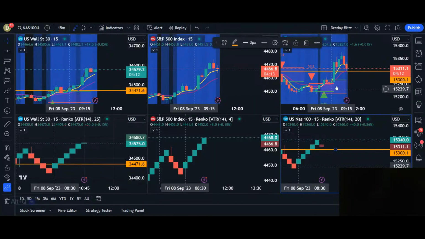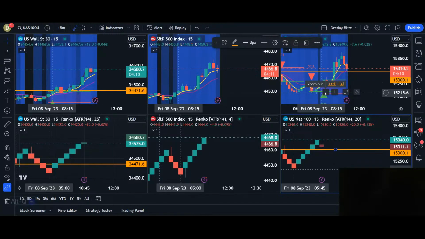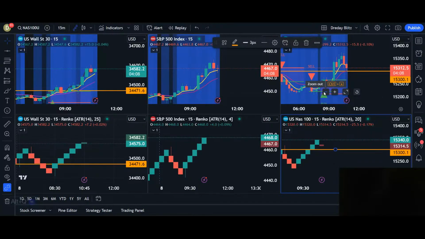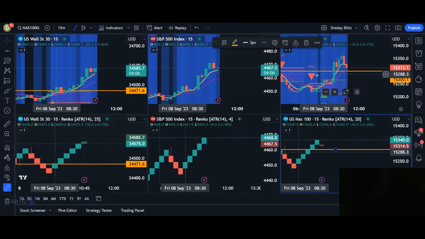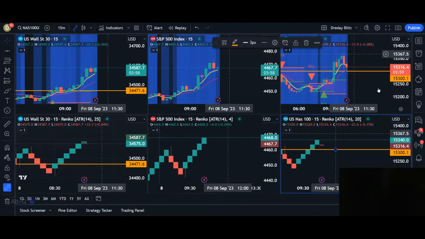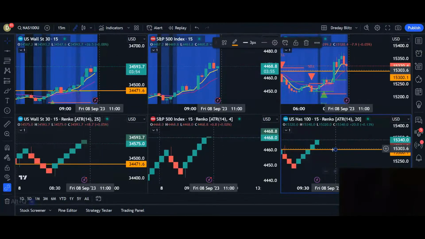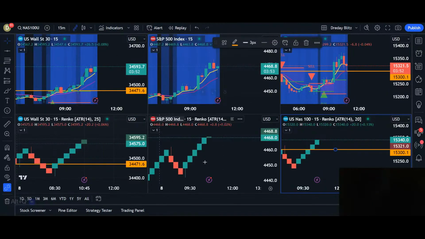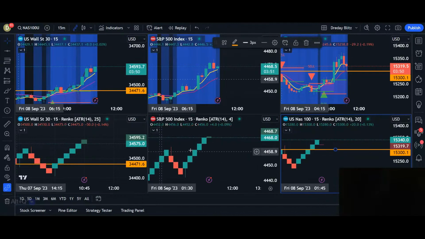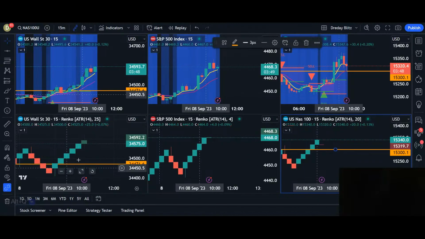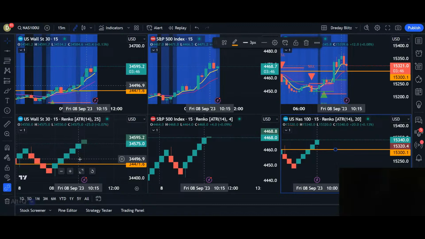If you were in the trade from the signal at around 8:15 or 8:30 until now, you would be in good profit, and if you want to close out the trade, you could do so. But for now, the S&P 500 and the US30 are still showing bullish momentum overall.